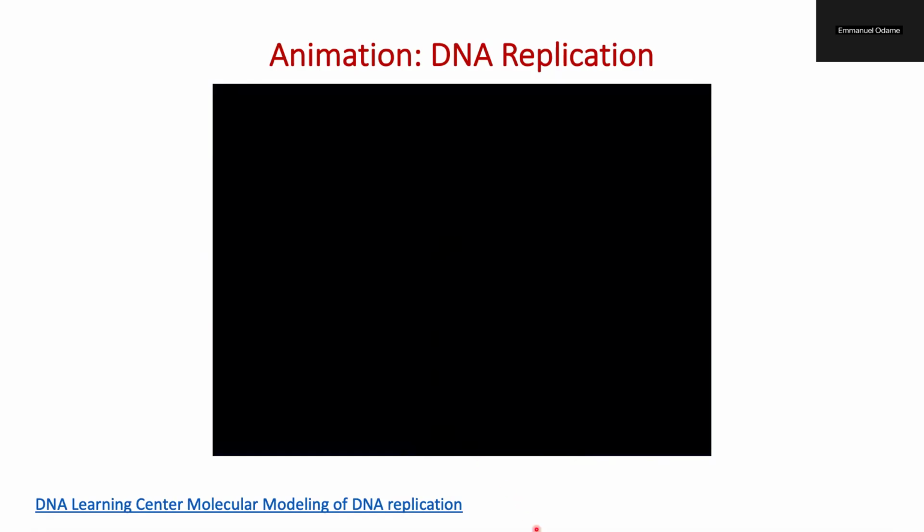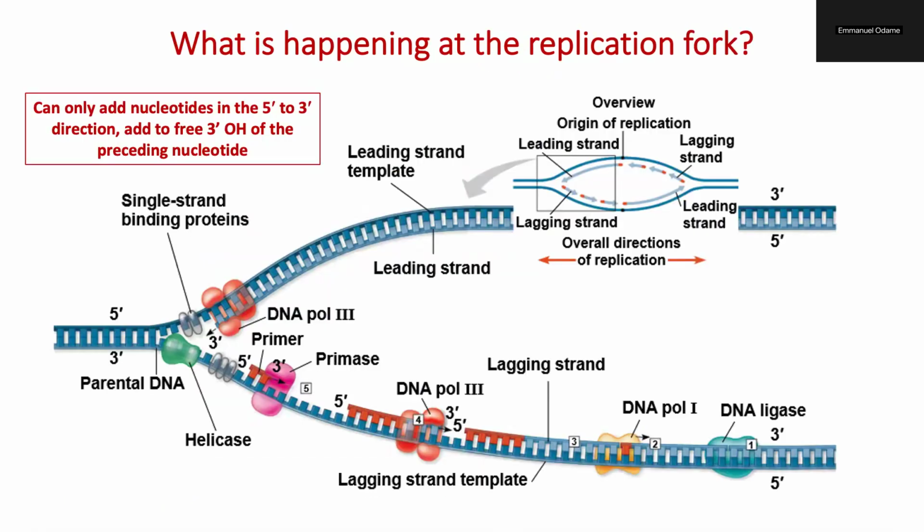Okay, so that was a short video of how DNA replication occurs. And just to reiterate what we saw, during DNA replication, the parent DNA is being split into two, and we have the leading strand and the lagging strand.